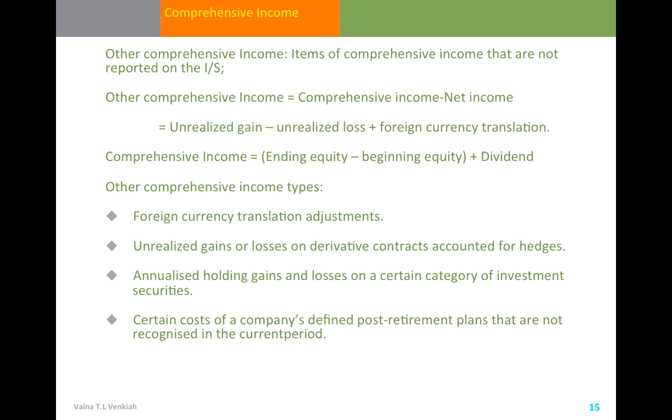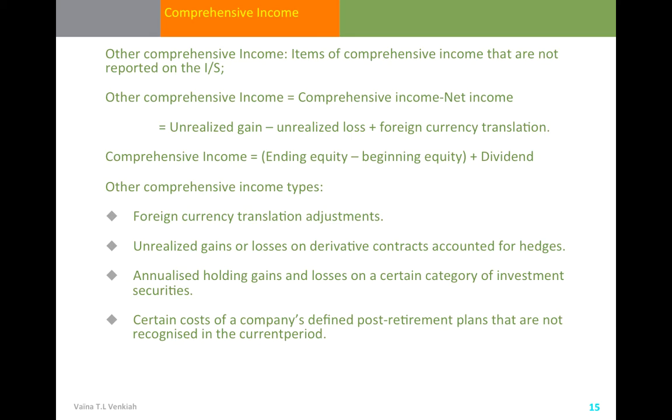And comprehensive income, other comprehensive income, which are items of comprehensive income which are not reported on the income statement. Comprehensive income minus net income is equal to unrealized gains minus unrealized losses plus foreign currency translation.